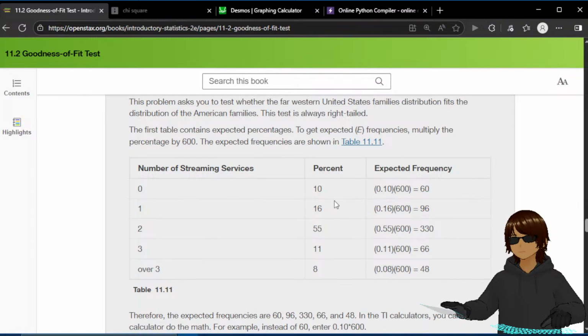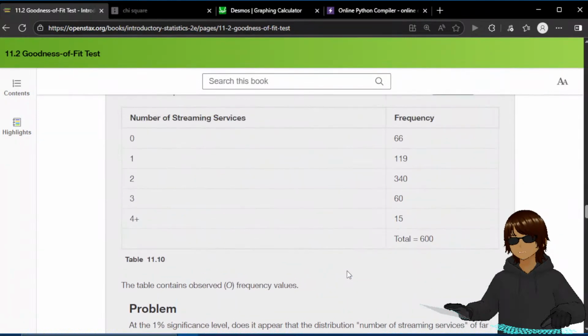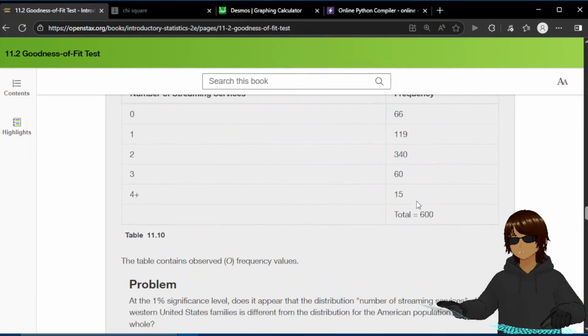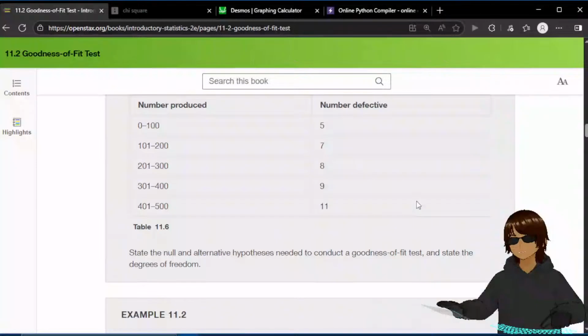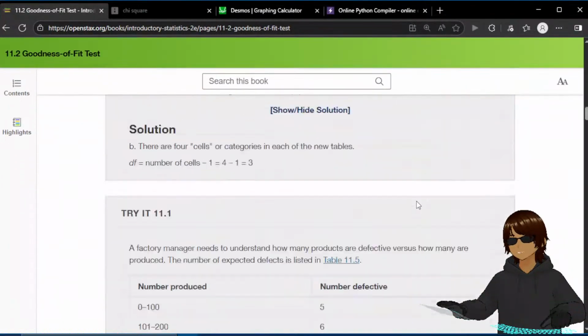Oh, they multiplied every percentage with 600. If I divide every frequency by 600 instead, I don't think that would be an issue. Equation is correct, right? It's observed minus expected divided by expected.